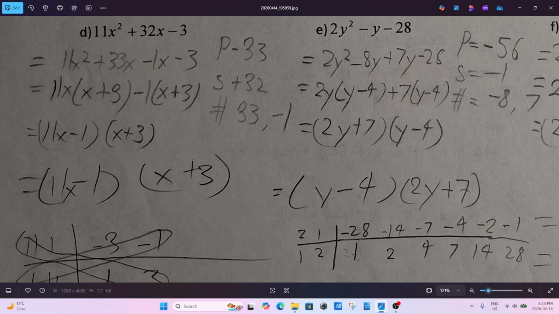And the answer is 33 times negative 1 gives us negative 33, and when you add them it gives you 32. So we split the 32x into 33x minus 1x. We factor out 11x from the first two terms and a negative 1 from the last two terms. So we get 11x minus 1 times x plus 3.